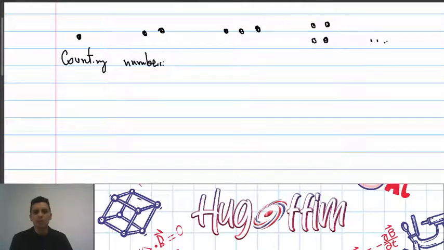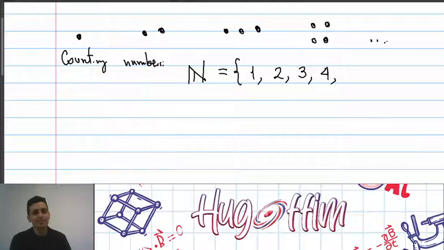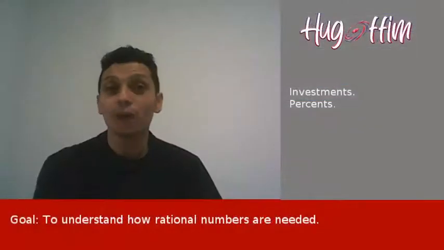These counting numbers are the numbers that we represent in the natural number set. So, to sum up, you just need to know that the numbers that we use to count are the counting numbers.